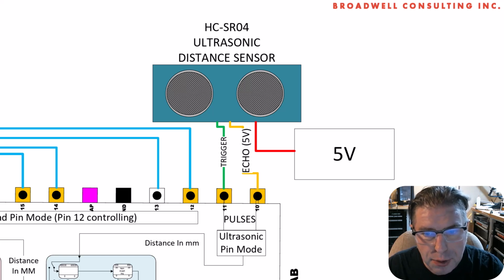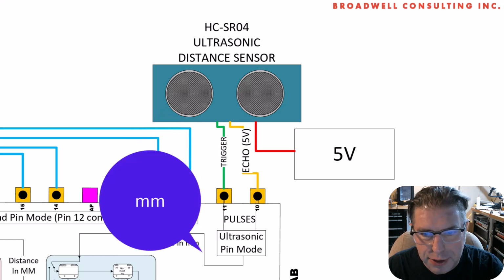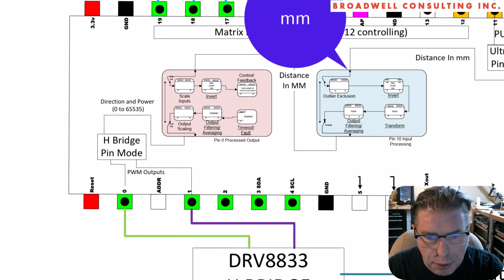So we configured the ultrasonic pin mode, which creates the trigger pulses and reads the response that comes back, then converts that via time of flight of sound into millimeters. That set of millimeters goes into the input processing block for pin number 10.